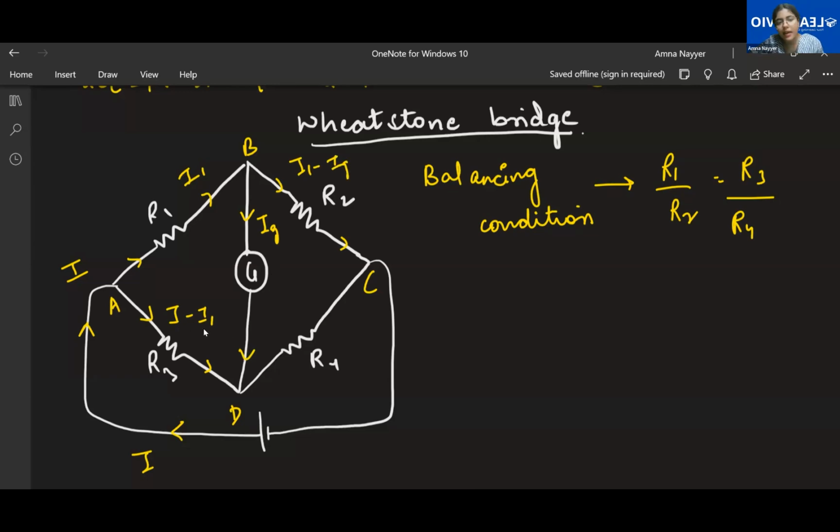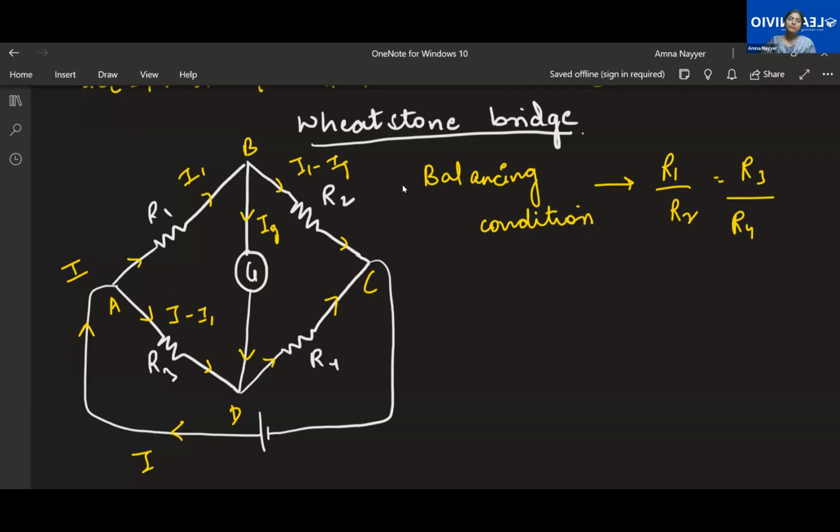Now look, I minus I1 was coming, Ig is coming from here. Can you tell me what should be the current across this branch? I minus I1 coming from here, Ig coming from here. Class, this is easy.